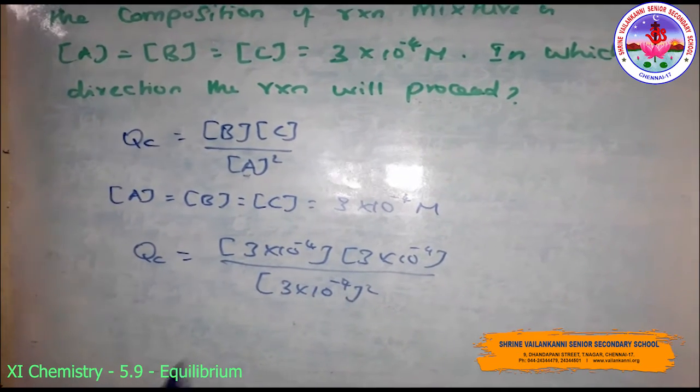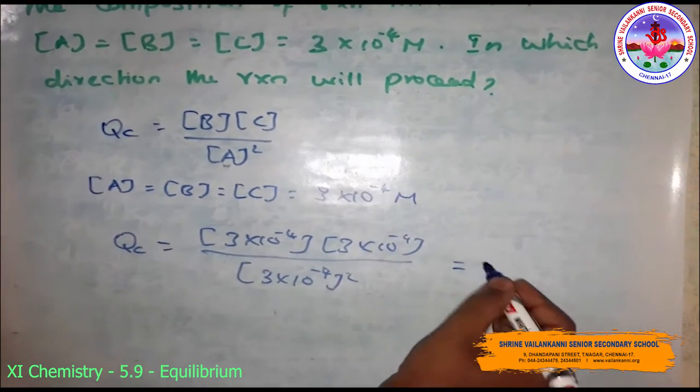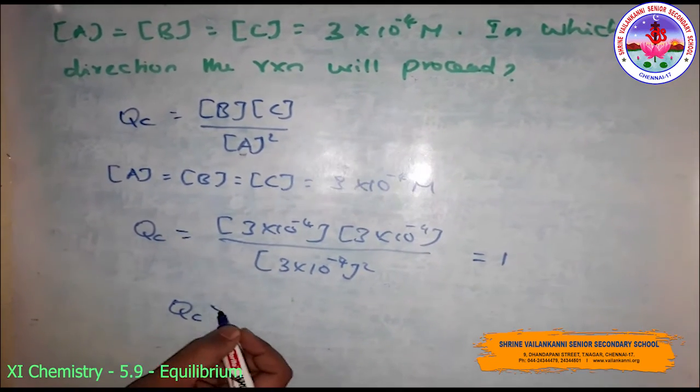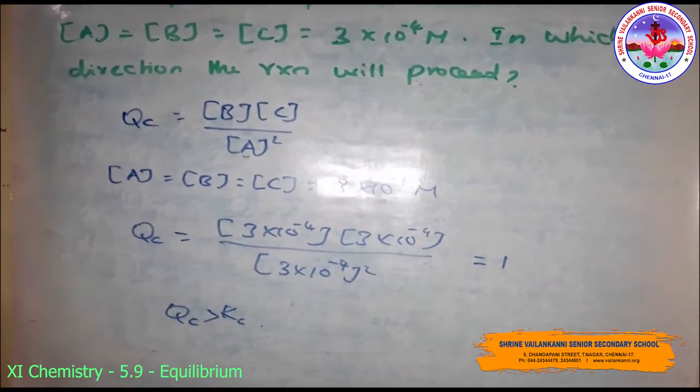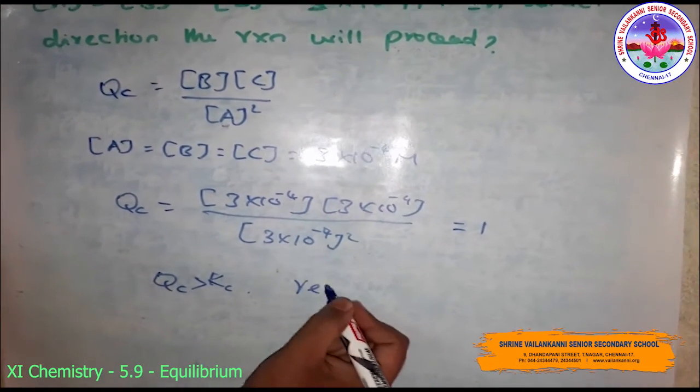After simplifying, all these are cancelled, so Qc is equal to 1. Here Qc is greater than Kc, so the reaction will proceed in the reverse direction.